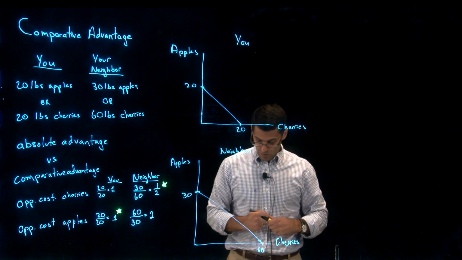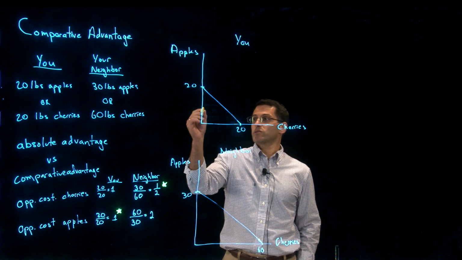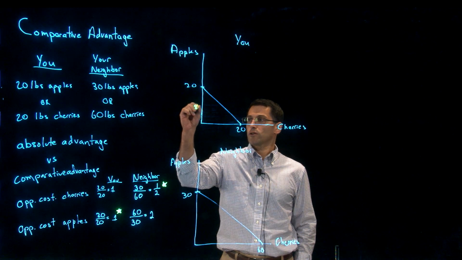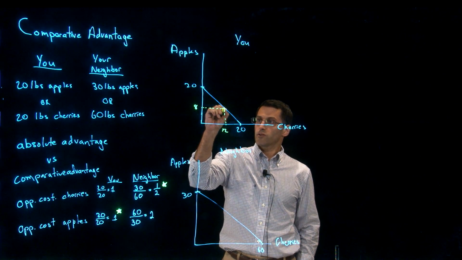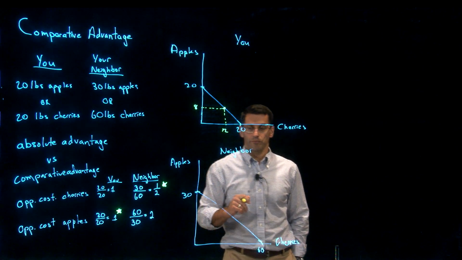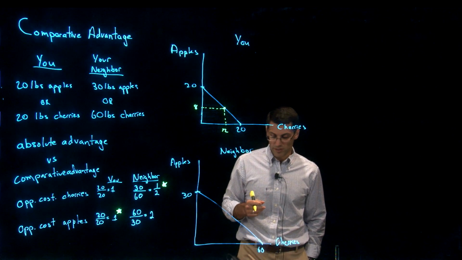So let's say that you just decide that what you're going to do is pick 8 pounds of apples and 12 pounds of cherries. Okay? That's what you're going to pick, and that's what you have to consume in that season.